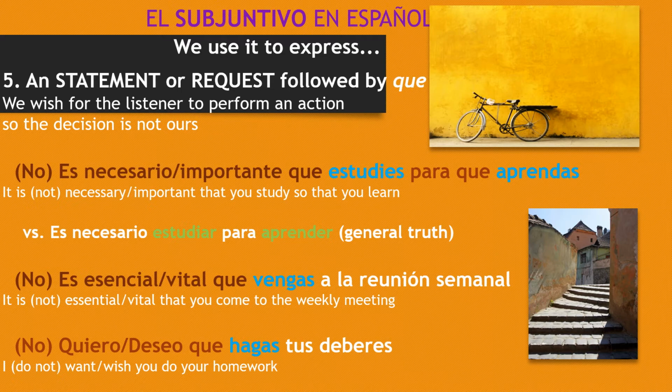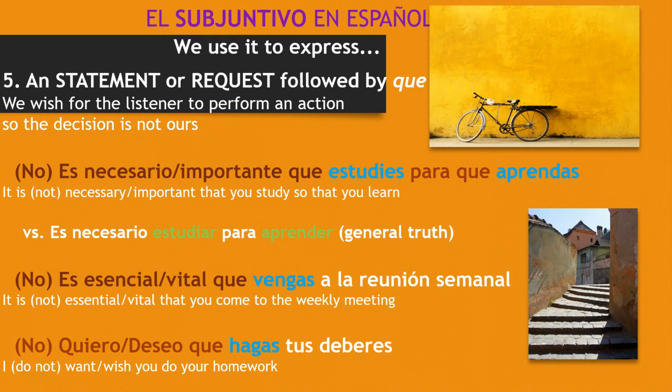So, for example, no es necesario o importante que estudies para que aprendas. Two subjunctives there. So it's not necessary or important that you study so that you learn. It's my opinion, negative, followed by que again, but it's depending on you. So I'm telling you it's not necessary, or it is necessary, important that you study so that you learn.